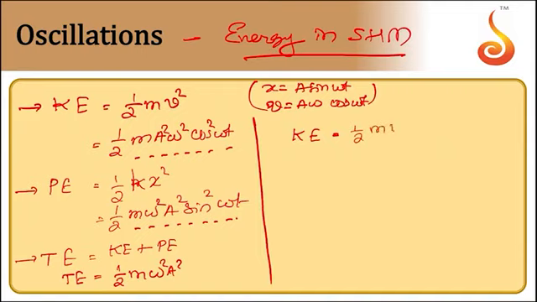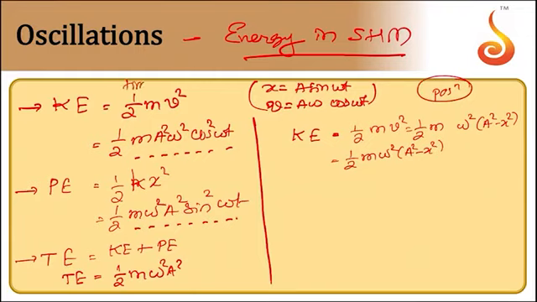Half mv². V² you know is nothing but ω²(a² − x²). v is ω root of a² − x². So it becomes half mω²(a² − x²). This is in terms of position.